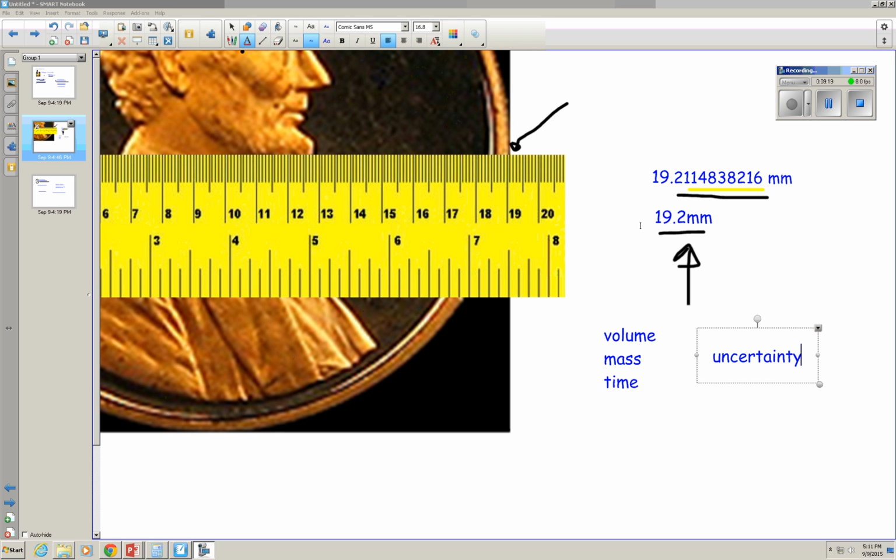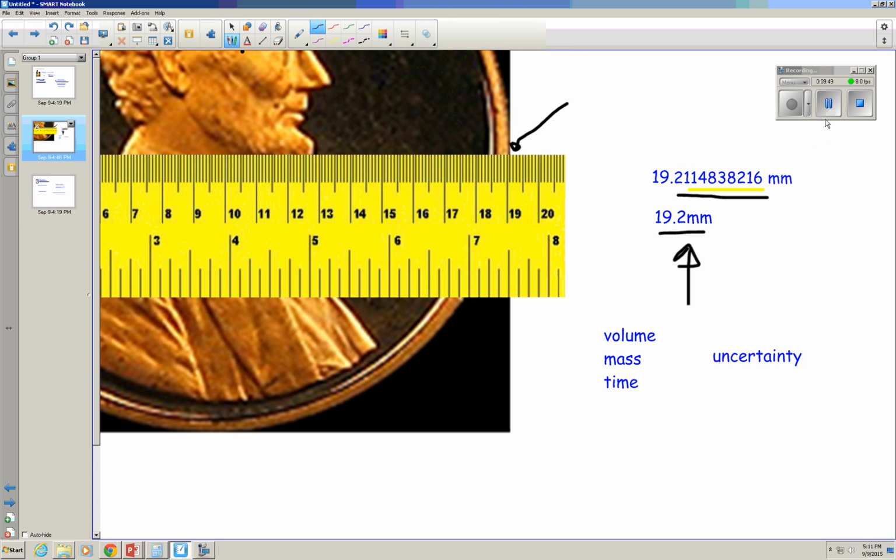I had a college class a couple years ago, and they really didn't like that definition. What they came up with instead, which I think is a good alternative, is how many meaningful digits this number has. So what we're going to talk about now are the rules for how to determine the number of meaningful digits any number has. Because let's face it, chemistry class is chock full of measurements.